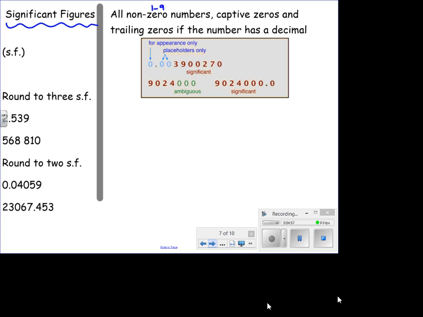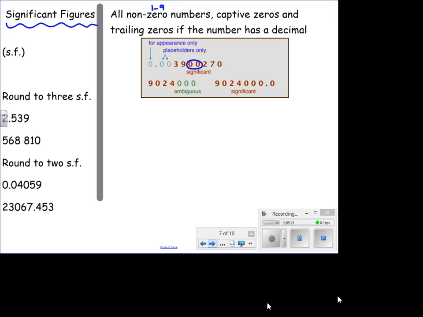Then you have captive zeros. So think about what happens if you're in captivity, all right? These are these numbers down here, the ones that are stuck between all the non-zero numbers. Okay, those are captive zeros. And then you have trailing zeros, but trailing zeros are only counted as significant if the number has a decimal. So for example, if you look here, anything in red, or this brownish red color, is significant.